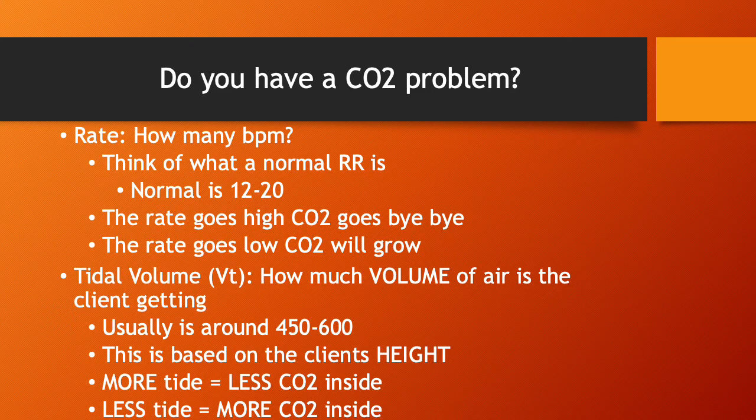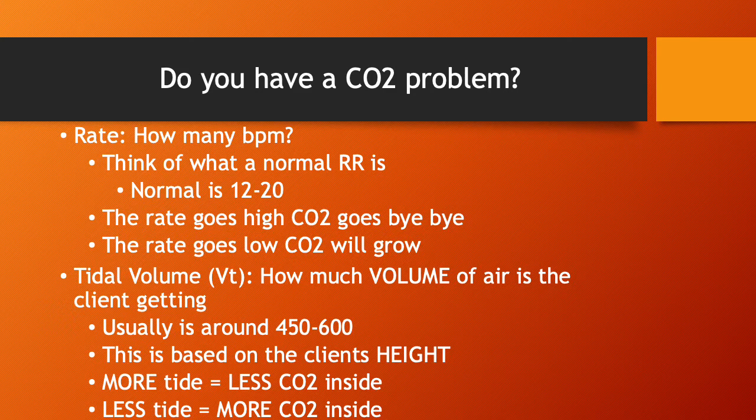So in other words, the CO2 and the rate and the CO2 and the tidal volume go opposite. If one is high, the other one is low. So it's an easy way to remember that these two are always opposite. So you always want to do whatever the opposite is. Let's say that I had a patient that was on 700 of tidal volume. They might have less carbon dioxide.